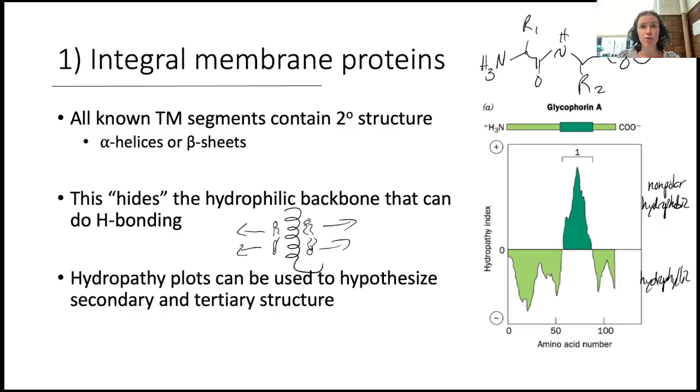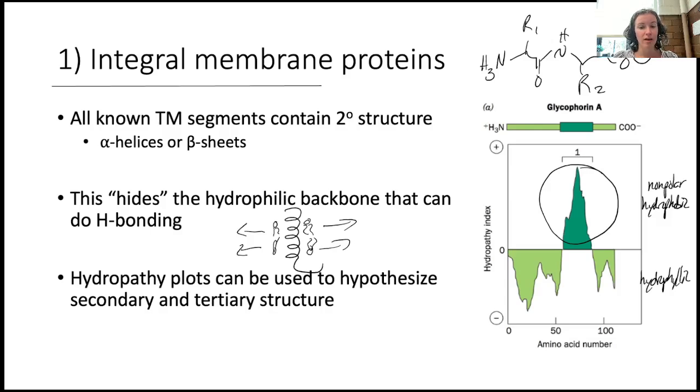So if this were a hydropathy plot for an integral membrane protein, we would assume that this region, marked as 1, would be a transmembrane segment because all of the R groups coming out of this segment need to be nonpolar in order to interact with the nonpolar lipid tails in the phospholipids or of cholesterol.